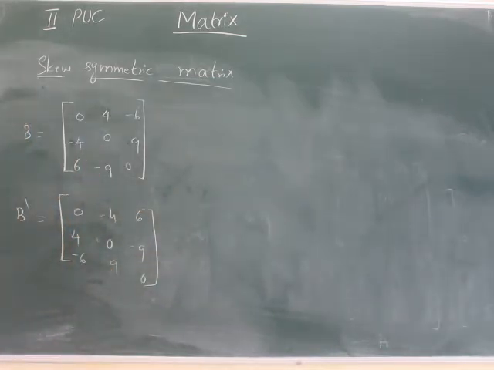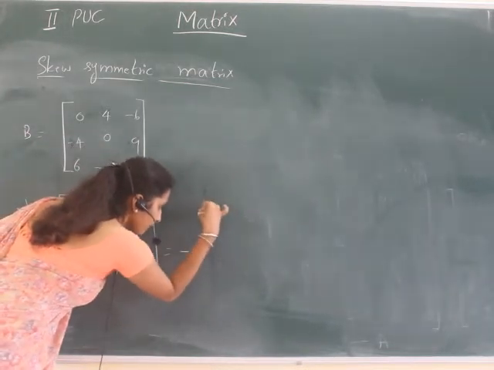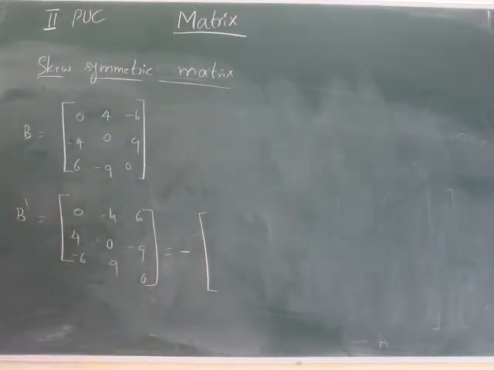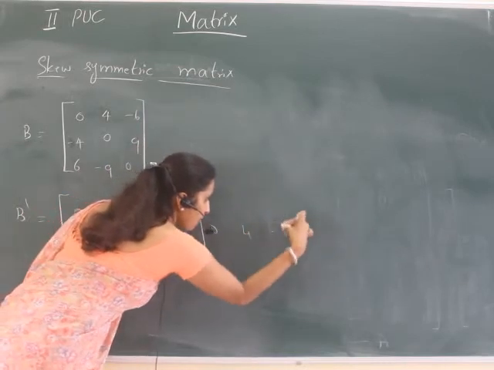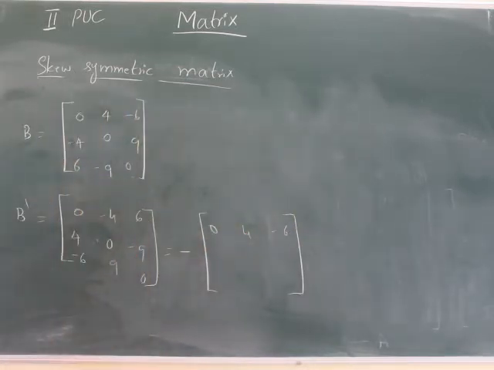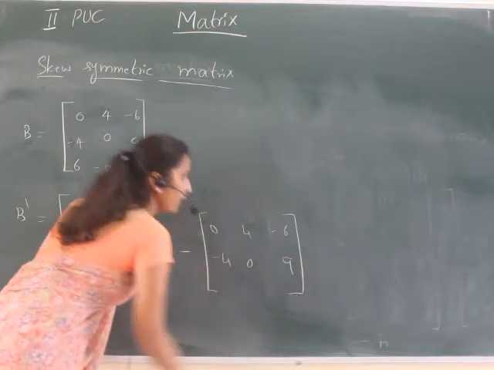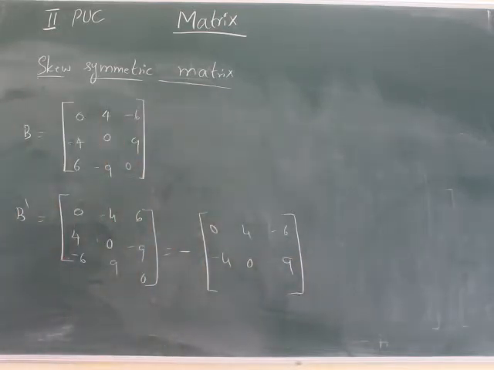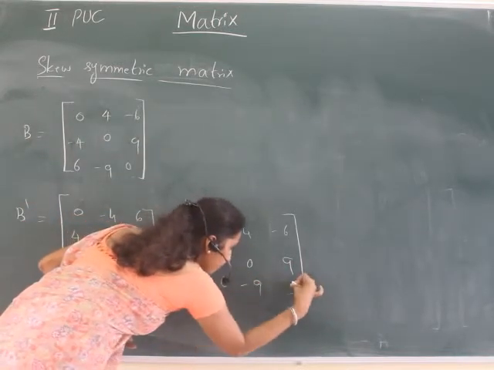After that I'll take minus outside. If I take minus outside, the remaining elements are: 0 stays 0, then 0, 4, minus 6; the next is minus of minus 4, which is 4... that is, 0, 4, minus 6; then minus 4, 0, 9; then 6, minus 9, 0.